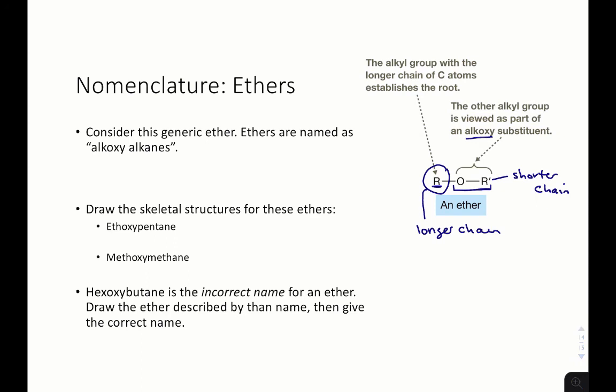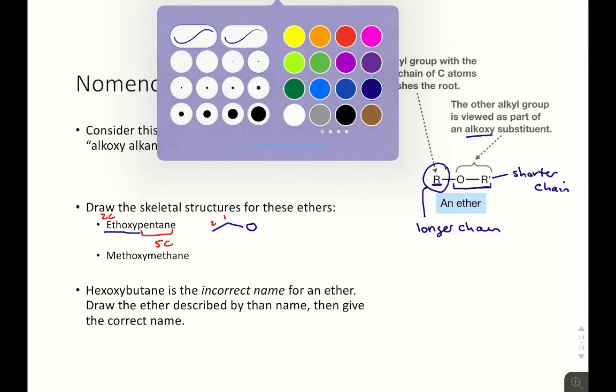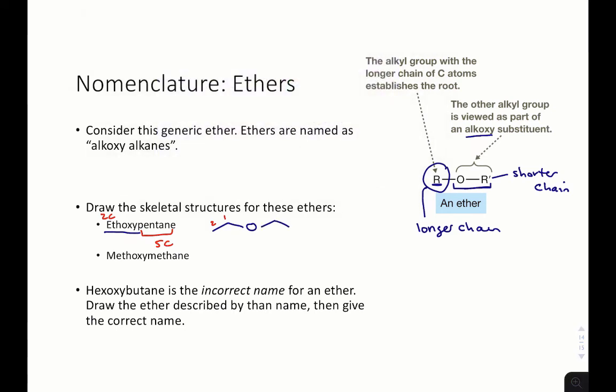So let's get started on that. Go ahead and see if you can draw the skeletal structures for these ethers: ethoxypentane and methoxymethane. Okay, ethoxy. That's 2 carbons and an oxygen. And then pentane, that would be a 5-carbon chain off of that.